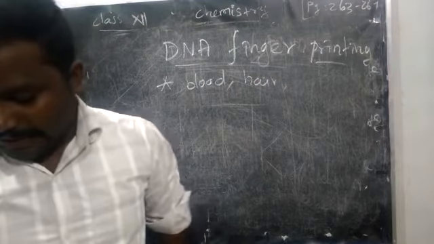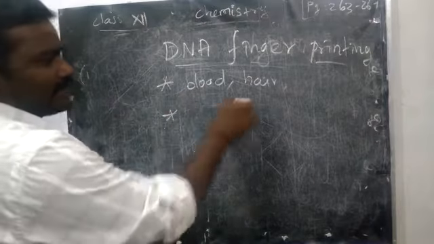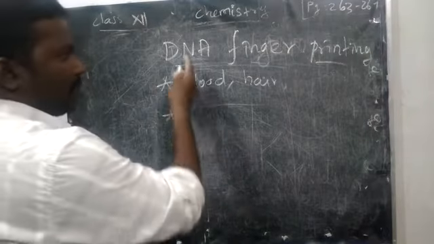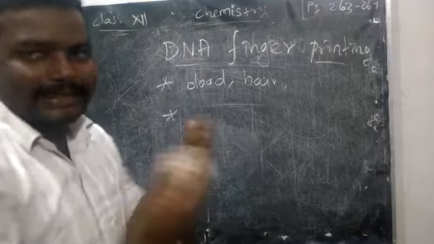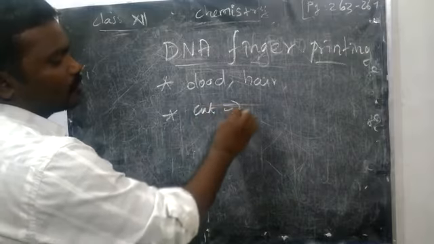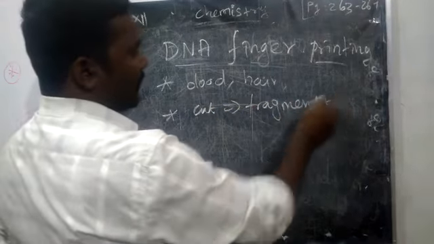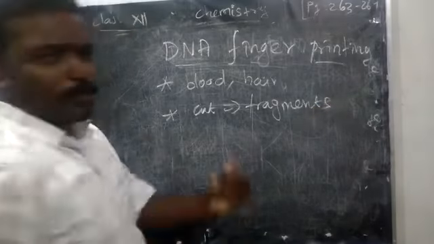In this method, first we extract the DNA from these samples. The DNA is cut into smaller fragments, which means small pieces.